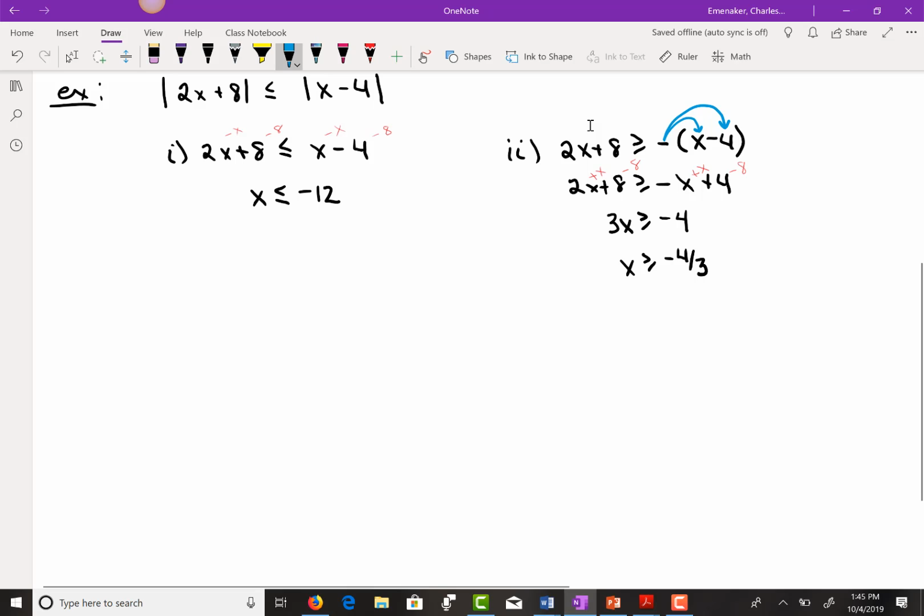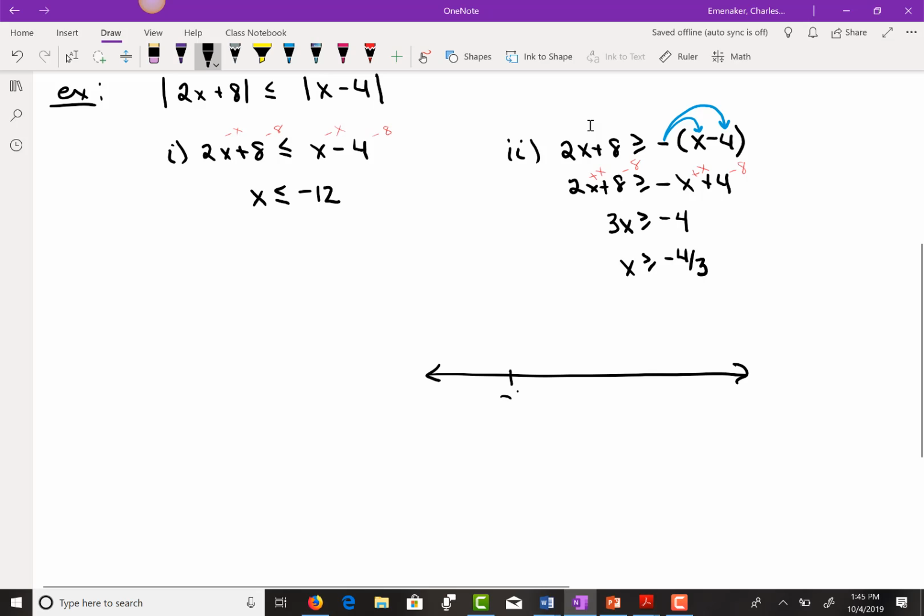Now we're back to the same point that we were in the last one. We've got two different directions for x. How am I going to write the answer? Very truthfully, even when nobody's looking, when I'm not in front of class, I usually just draw out a number line because it's an easy way to work with this stuff.